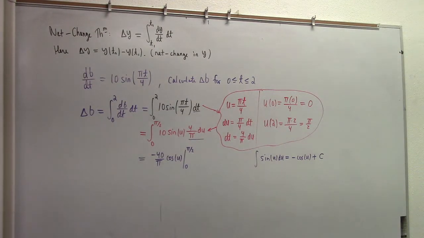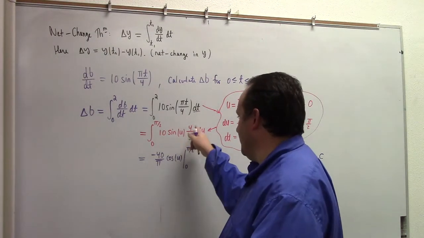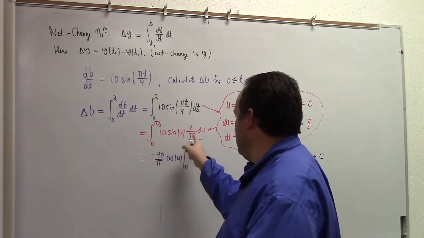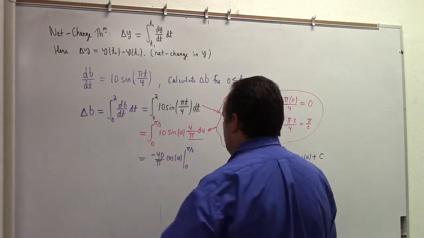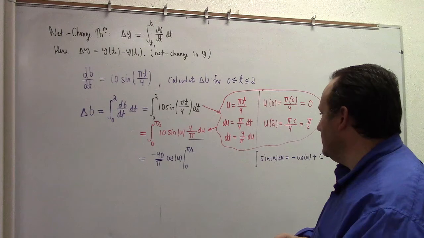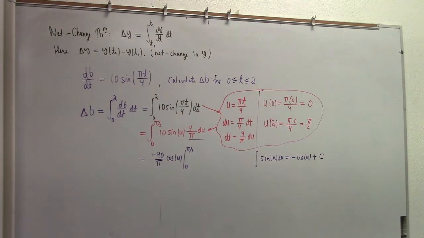But how do we get minus 40 over pi? Well, 10 times 4 is 40, so I just multiply these numbers. Oh, I got you. Those numbers don't change at all, really.